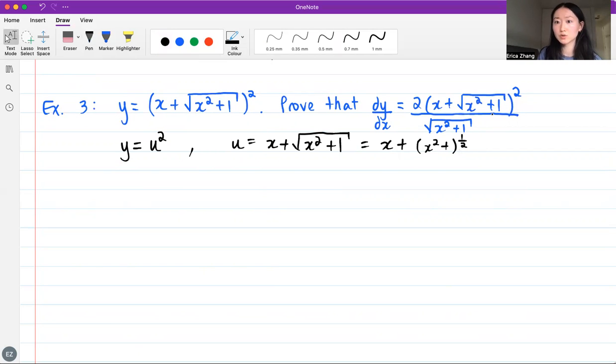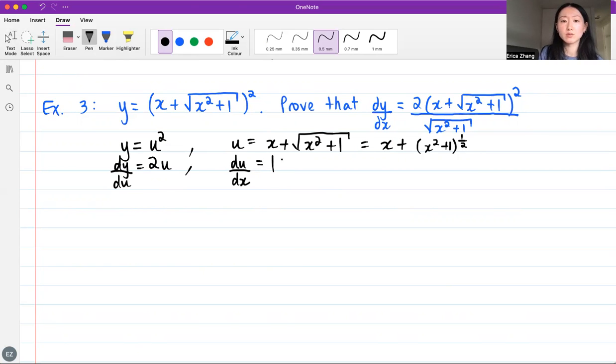Because we need to apply the power rule to this, of course. So derivative of y with respect to u, you bring the exponent down, and then 2 minus 1 is 1, so 2 times u. du/dx: derivative of x is 1.